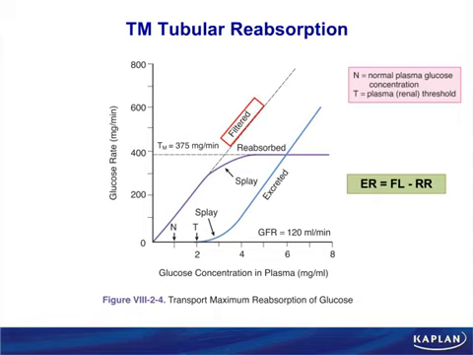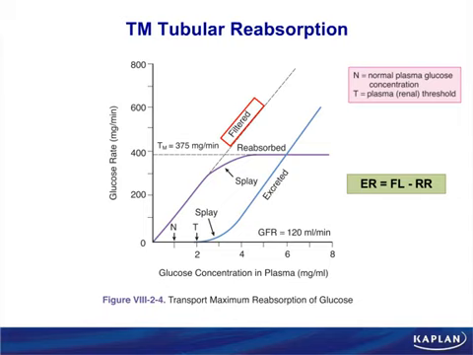First, let's tackle the filtered load. Well, we know that filtered load is equal to GFR times plasma glucose concentration. So, if we keep the GFR constant and we increase the plasma glucose concentration, what happens to the filtered load? Well, it increases exponentially. If you look at the graph, the line labeled filtered is the filtered load.